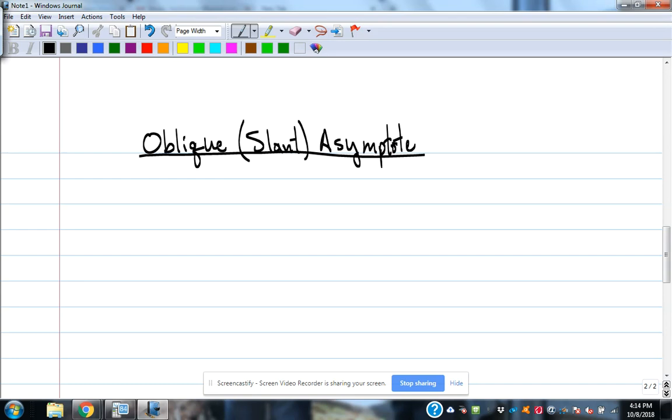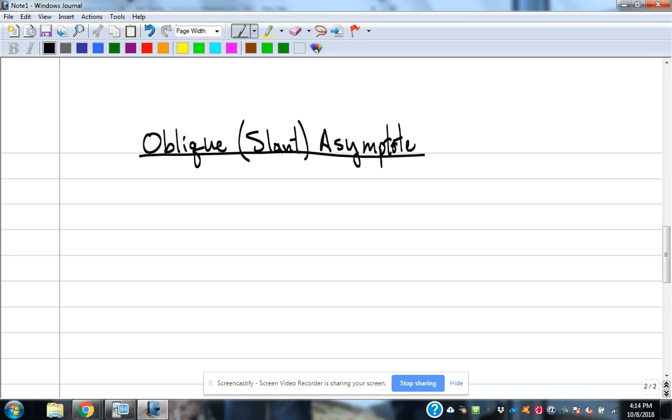You're either going to have verticals and horizontals, verticals and obliques, or just verticals. It's possible to not have horizontal and not have obliques, but you will never have horizontal and oblique together.